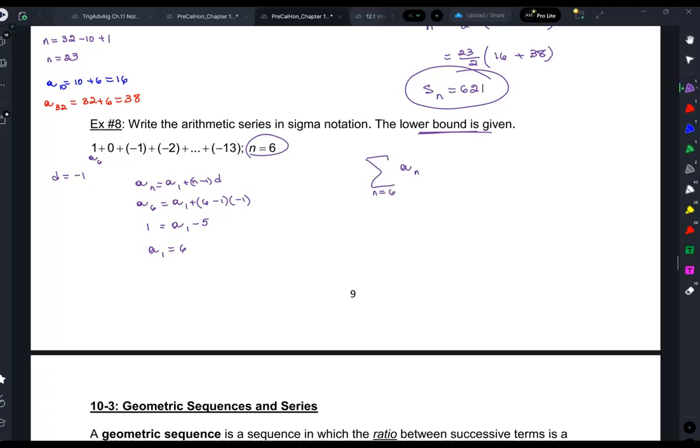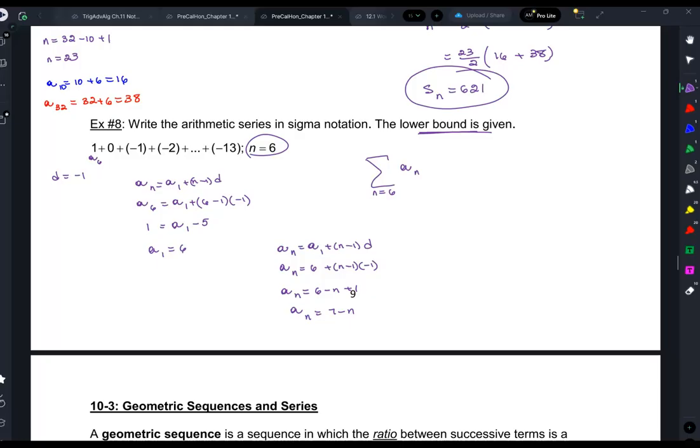Now we use the formula again. a sub n is equal to a sub 1 plus n minus 1, we leave n, times d. a sub n is equal to 6 minus n plus 1. a sub n is equal to 7 minus n.